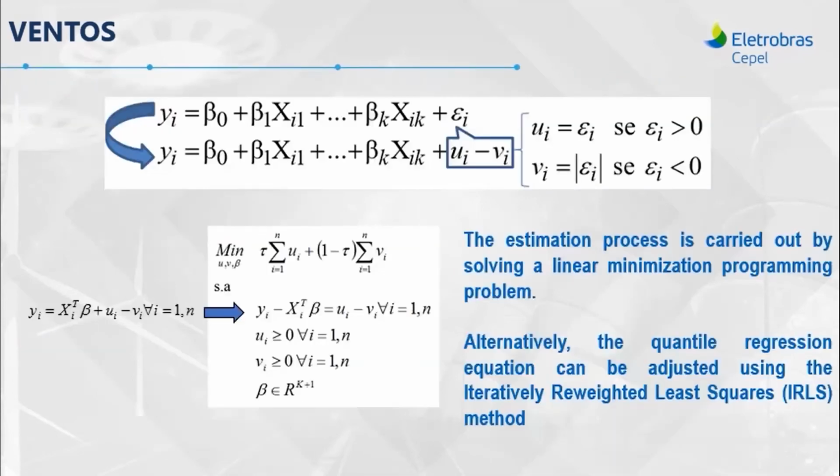The idea of this function is to penalize the error with tau when the error is greater than 0, and with 1 minus tau when the error is smaller than 0. Also, we can solve this problem with the iteratively weighted least squares method.